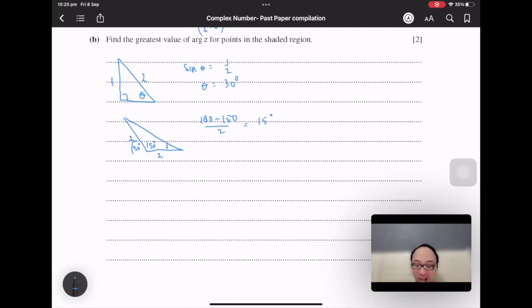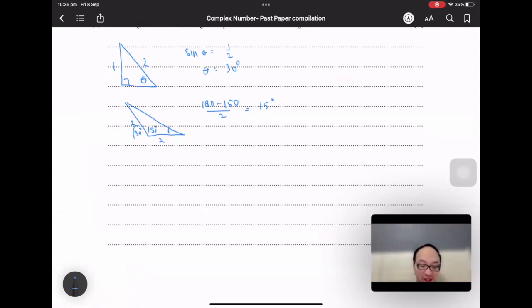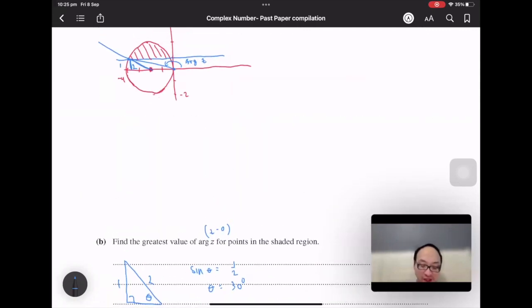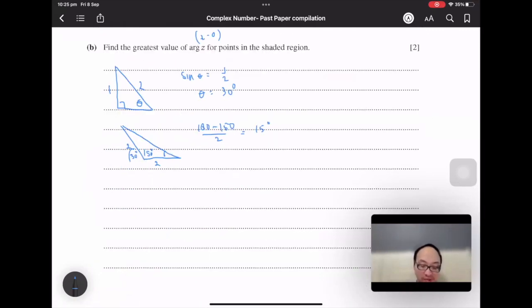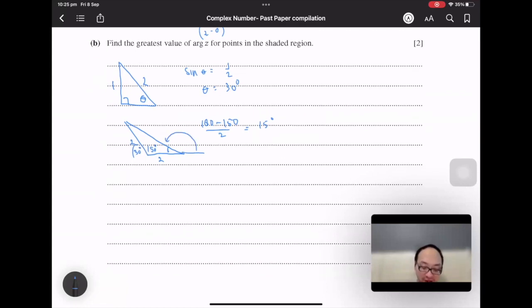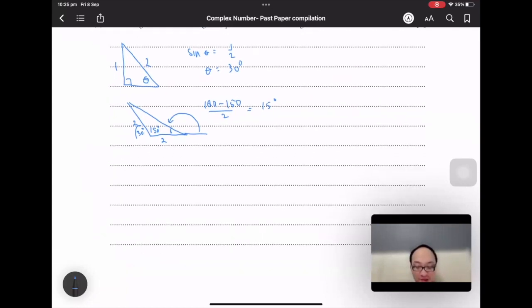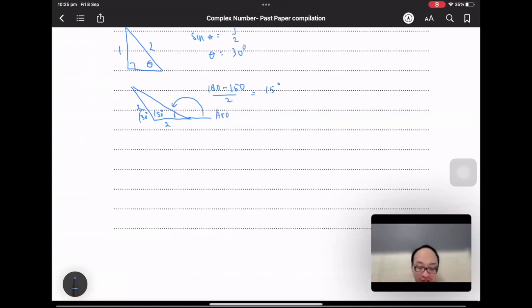And that means we can find the angle of the argument. The argument z will be here. So this is argument z. And we have to express it in radians.